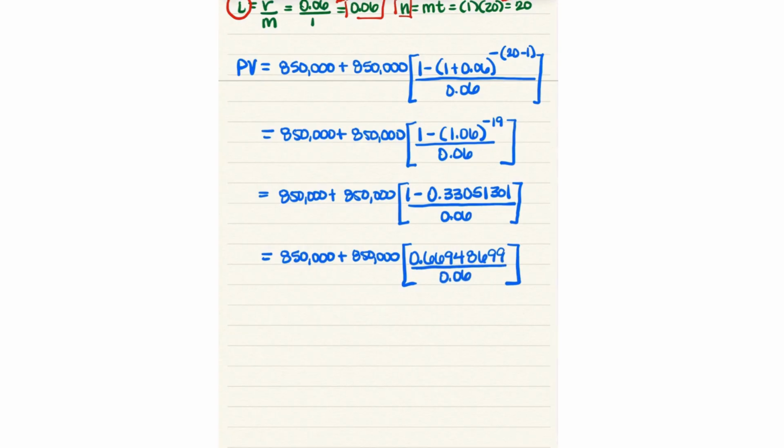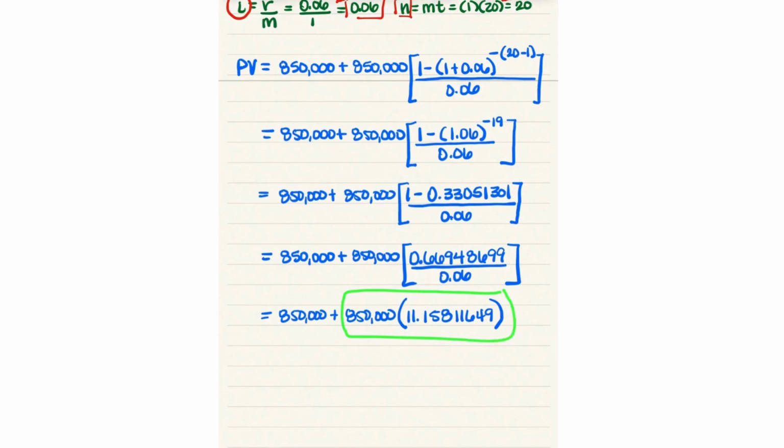We're still following the steps. Now you put this in your calculator. We're getting close to the end. So 850, and when you put that in your calculator, you should get 11.15811649. Continuing to follow, you do this in your calculator, and then add the 850.